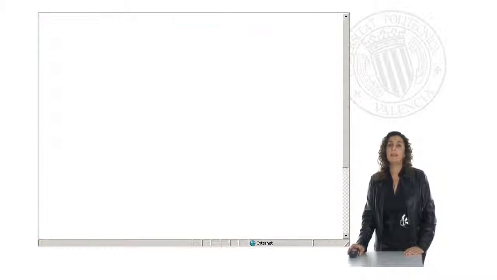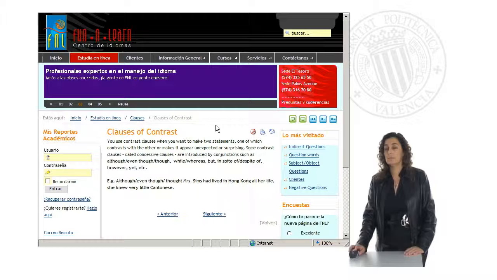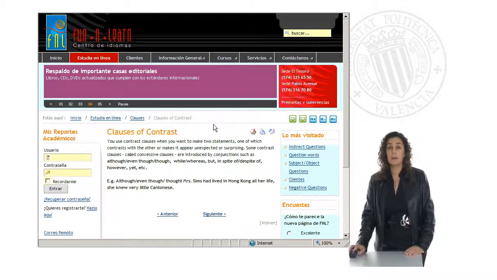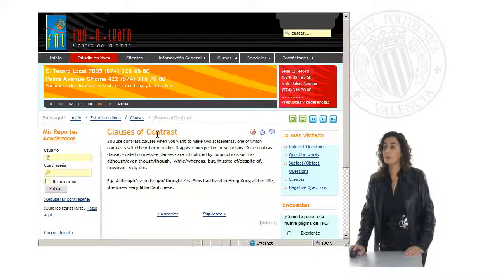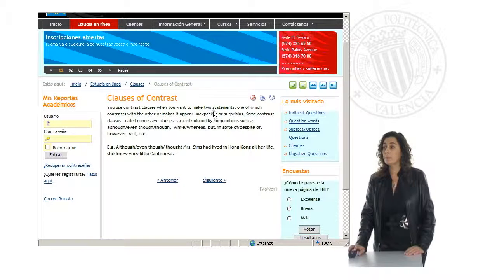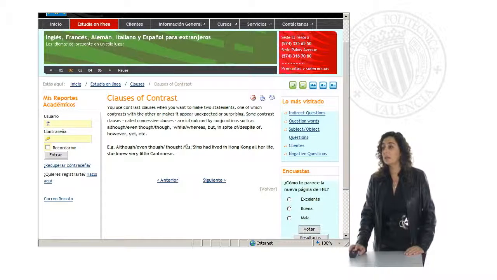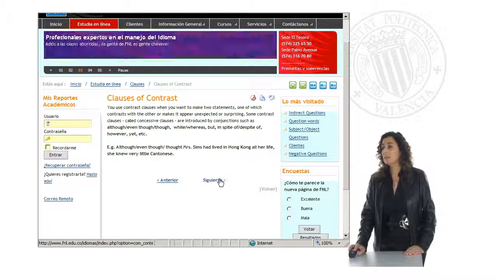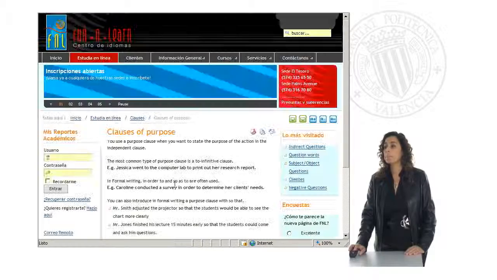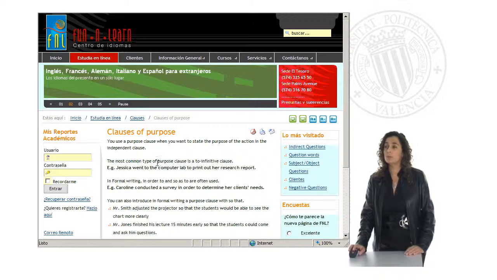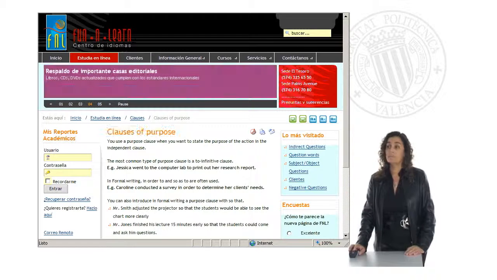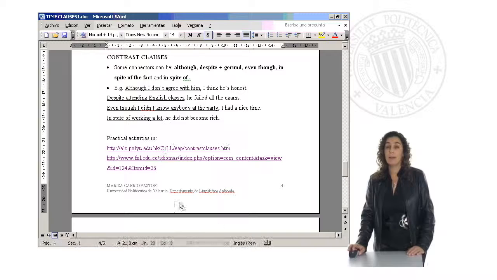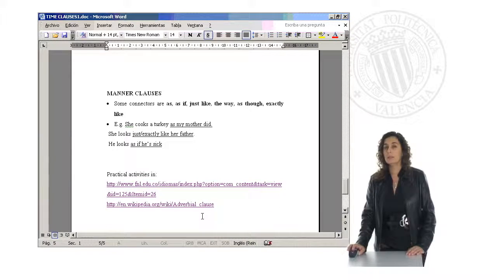Remember that practice is a really important part in everything, I mean, to learn a language or any subject. There is another website that is also about contrast. They provide an explanation, they give the connectors, and you have further parts, etc. But this one is more used to explain the meaning of this kind of clauses, right? So please have a look at them, I consider them very interesting.